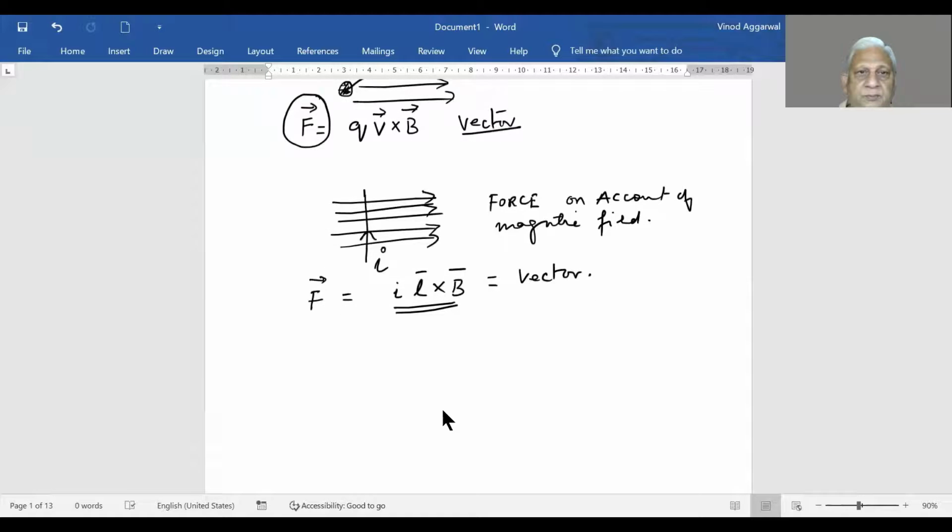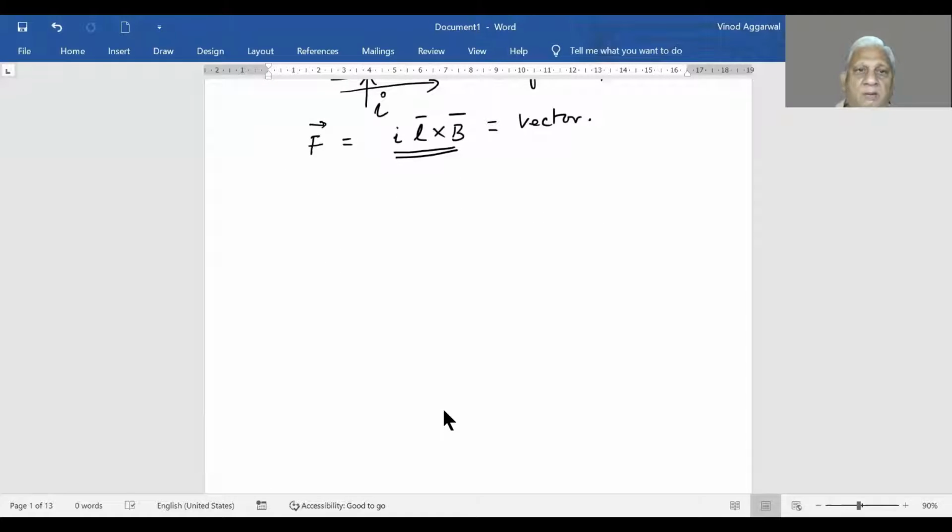Then if we take a loop which is carrying current, and if we again suspend it in a magnetic field B, this coil will experience a torque.